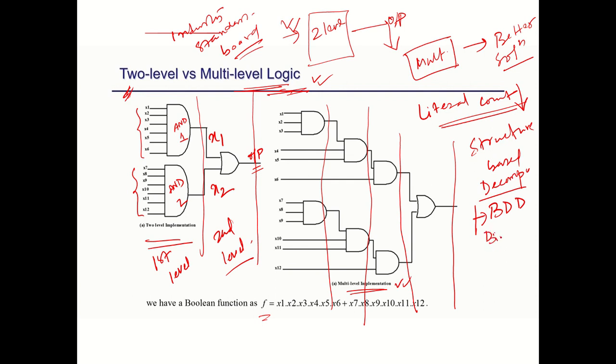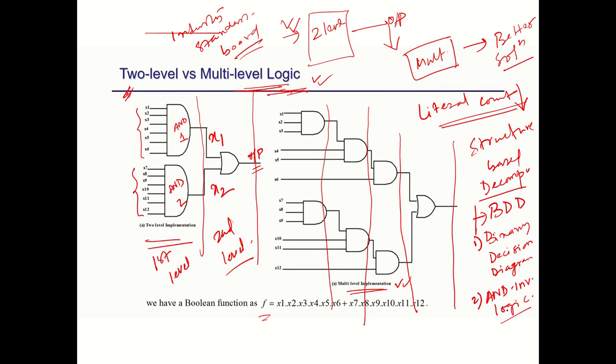Have you heard about this one? Yes, sir. Binary decision diagram. No, sir. Okay, so this is the first one. The second one, we can go with AND inverter logic realization.